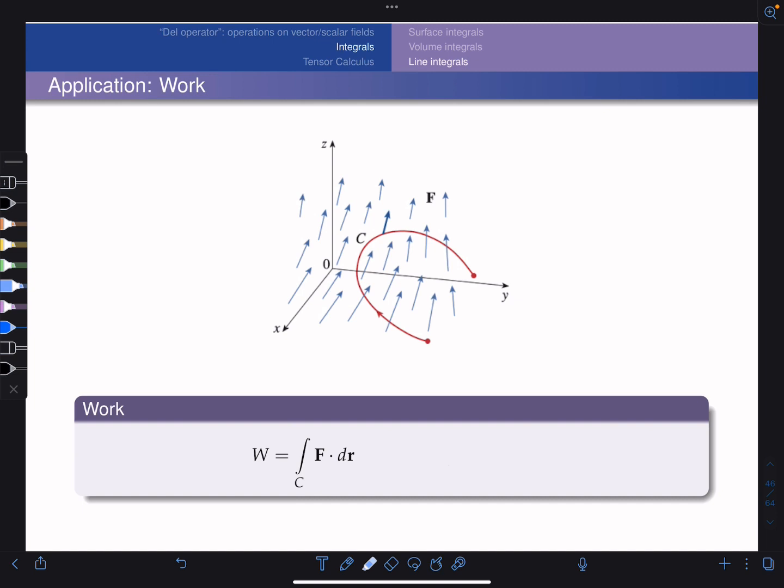An application of line integrals is finding the work done by a system. So in this case, we have that the work is given by the formula, the line integral over the curve C being, for example, this curve in the figure, that usually is the displacement done.